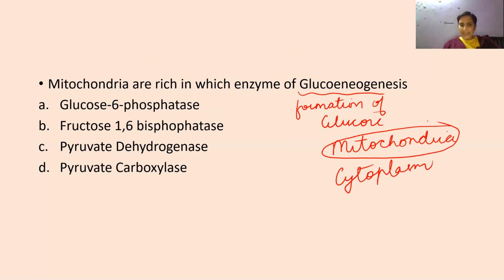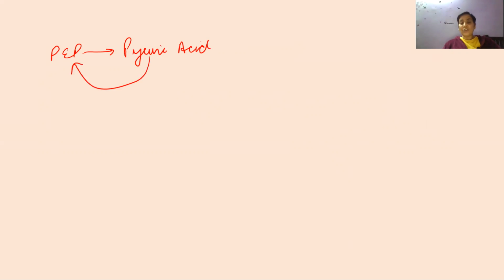So if we compare glycolysis, the last step of glycolysis is PEP to pyruvic acid. Here, pyruvic acid will be converted into PEP. So this is a two-step reaction. This pyruvic acid is already present in the mitochondria. Pyruvic acid and PEP.